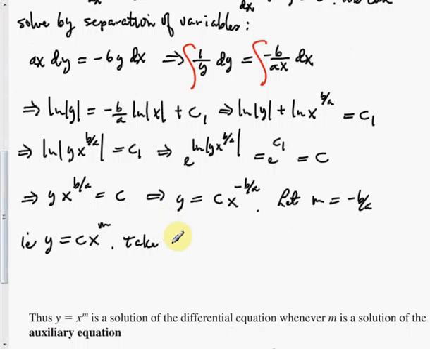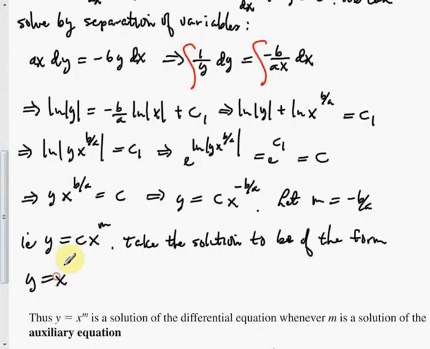So we take the solution to be of the form y equal to x to the m for n equal to 1 and n greater than or equal to 1.